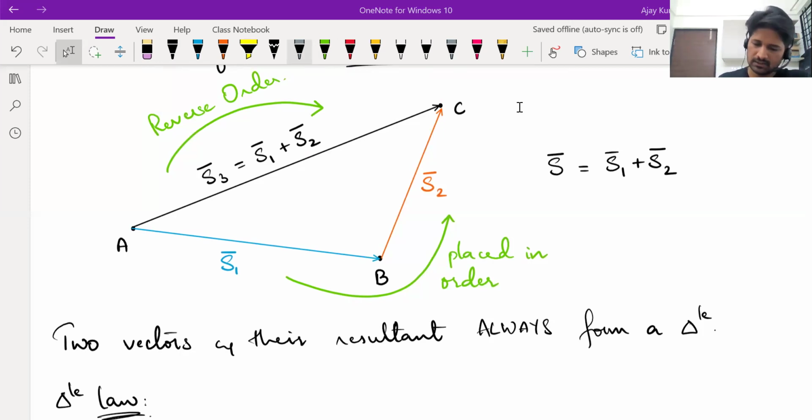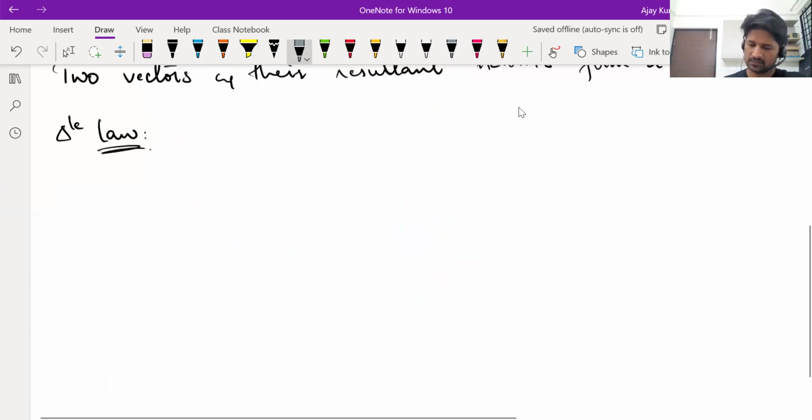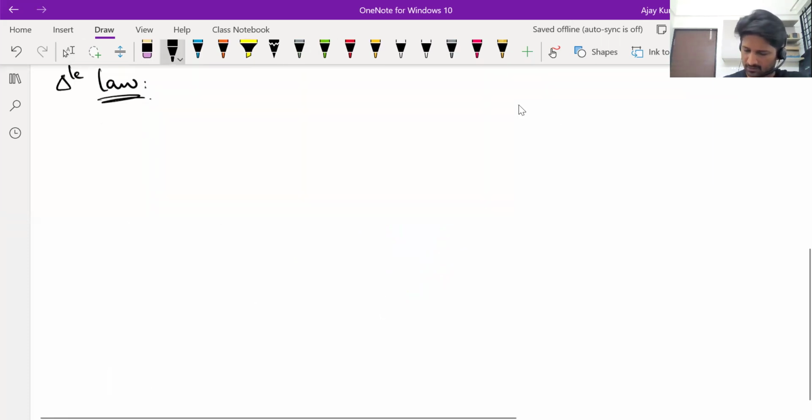What I mean is, suppose there is one force acting this way, and simultaneously, at the same time, another force acts this way, then the resultant force on the body will be in this direction. I'll write the statement of the triangle law here later.